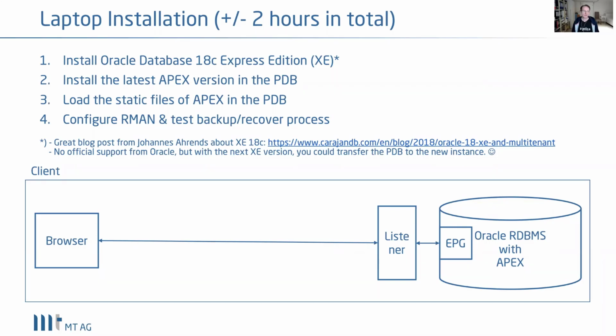Then you can install the latest Apex version in that PDB. I would suggest always to install the Apex version in the PDB, load the static files of Apex in that PDB, and then configure your backup process. Of course, you should test your backup process and recover from it to see if it's all working and if you're really competent with it. So those are the steps to undertake.